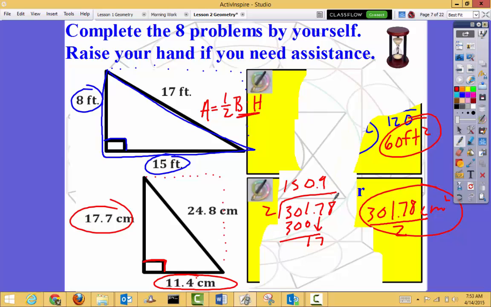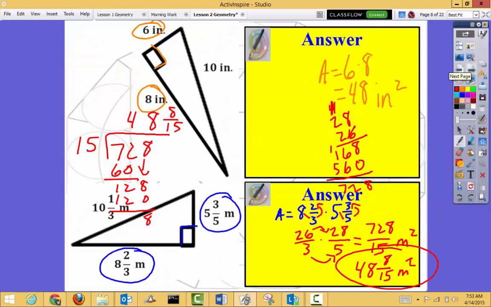Bring that decimal up. There's my final answer, 150.89 centimeters squared.